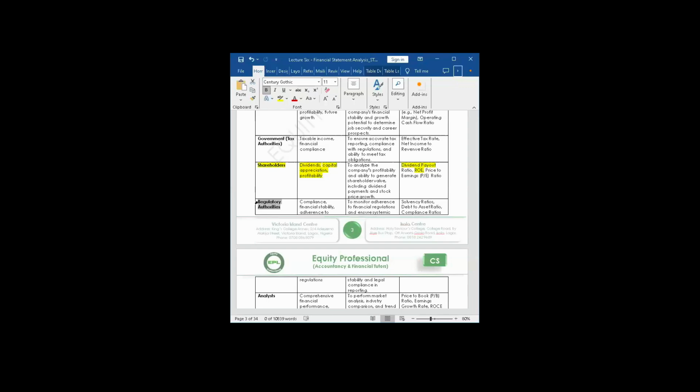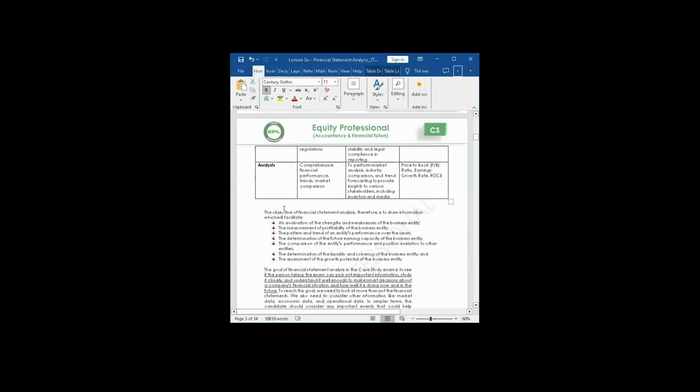That's what they will tell you. So it is in your own wisdom that you think it out. These are the groups, so what will they need to know? If you can identify what they need to know, then you can think about the form of ratios that will help you to provide more information on their needs.